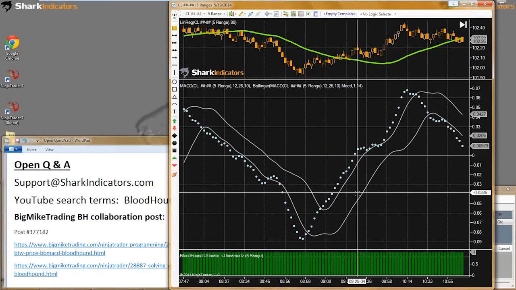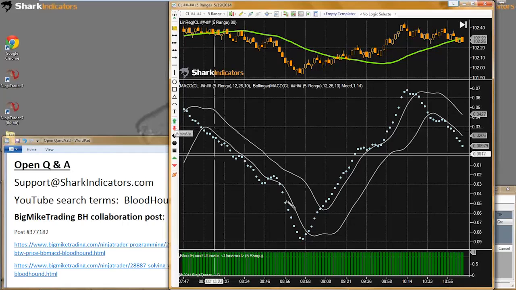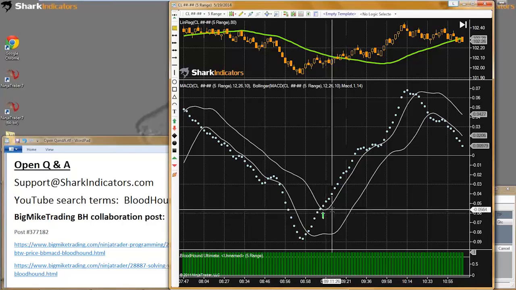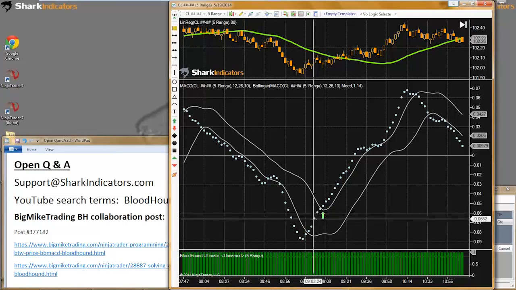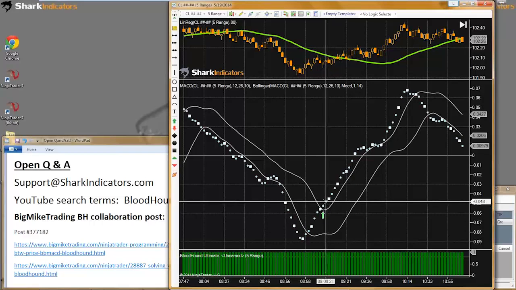Alright, so the differences between the crossover solver versus the comparison solver. The short answer is, the crossover solver is just going to give you one signal if you get the MACD line crossing over one of the bands.